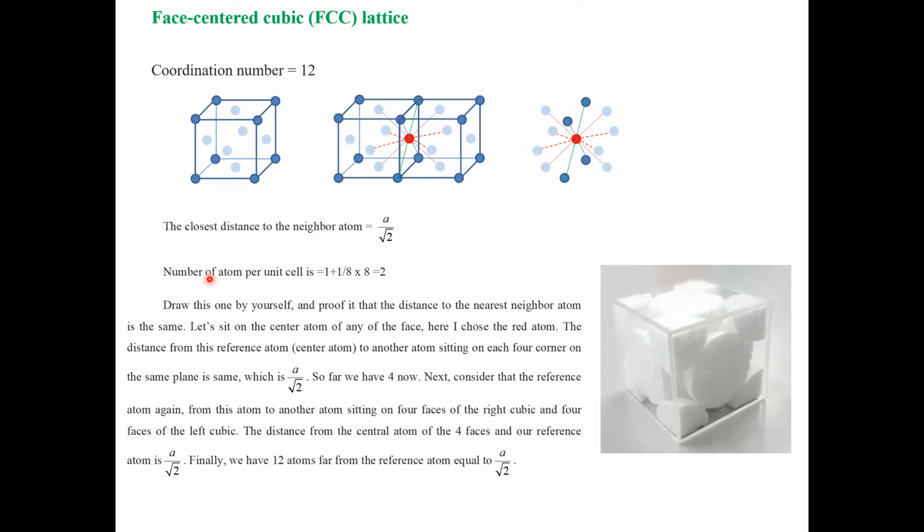And number of atoms per unit cell is 1. So 1 plus what? So I think this one we have to redo again. So let's see.